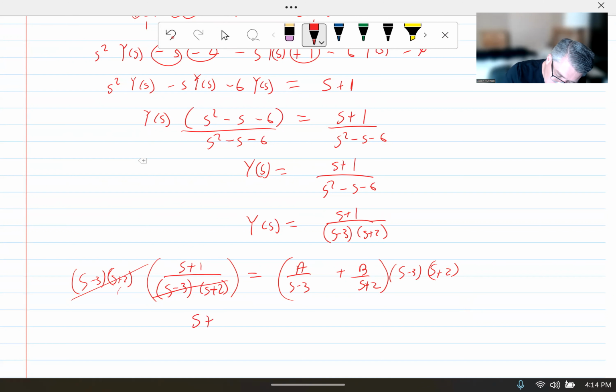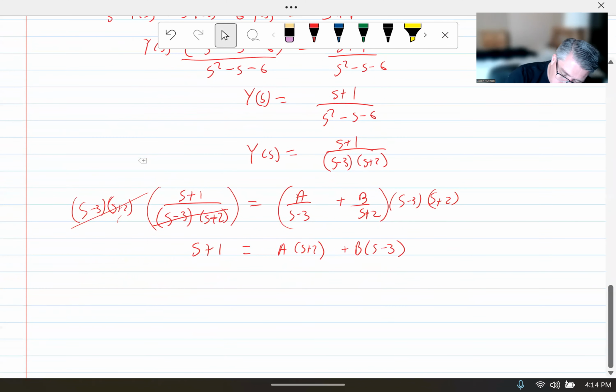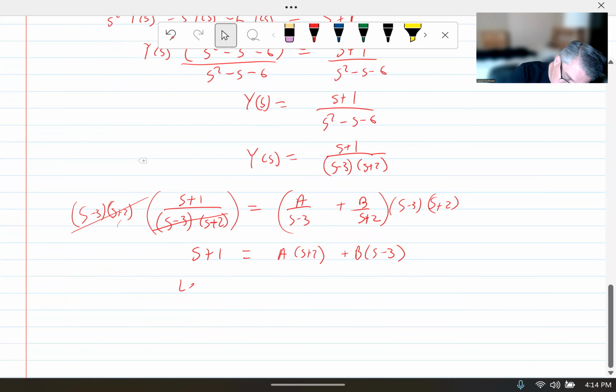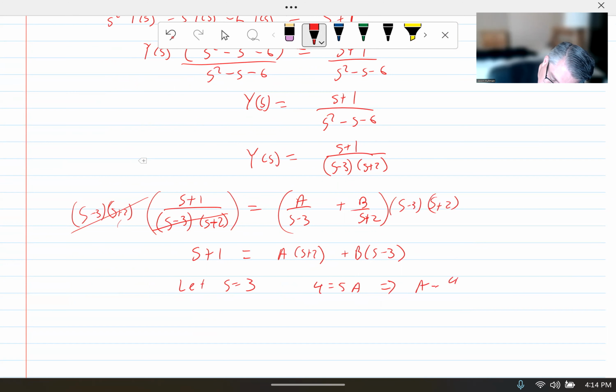We get S plus 1 is equal to A times S plus 2 plus B times S minus 3. So to solve for A, we're going to let S equal 3. So we'll get 4 is equal to 5A, which implies that A is equal to 4/5.